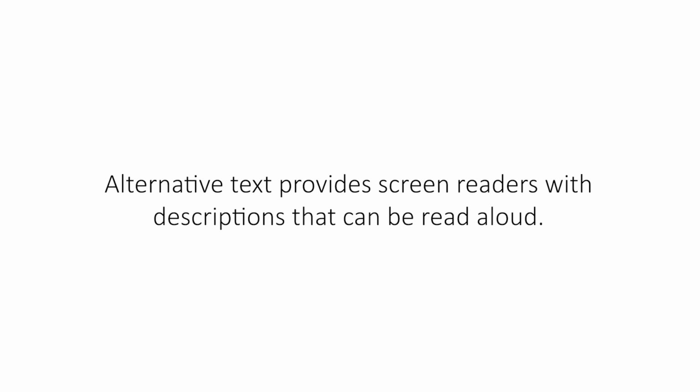Second, you should provide alternative text descriptions for any images you include in your document. The purpose of alternative text is to provide screen readers with descriptions that can be read aloud for students who have impaired vision and cannot see the images. The Accessibility Checker can guide you in creating these alternative text descriptions.